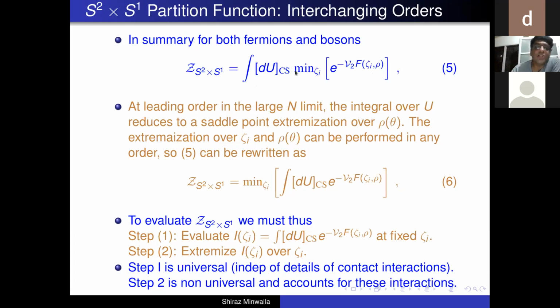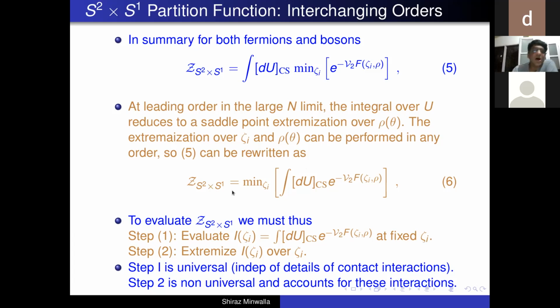But remember, we are also extremizing over these zeta variables here. So this full answer can be obtained by a double extremization. Now, if you're performing two extremizations, you can perform them in any order. You get the same answer. So we can interchange these two extremization procedures. So we're allowed to take the minimization over zeta I outside and then do the integral over dU. This is allowed in the large N limit.